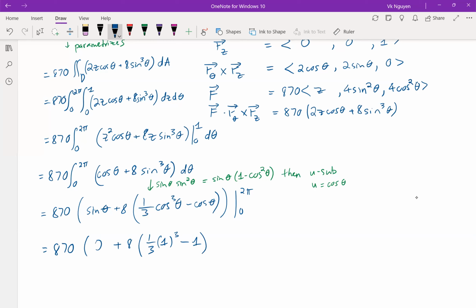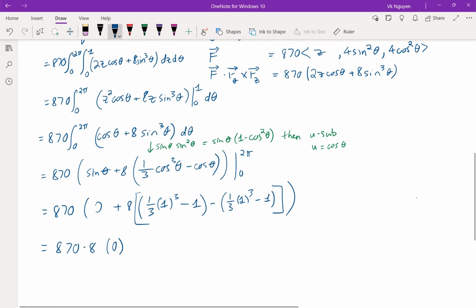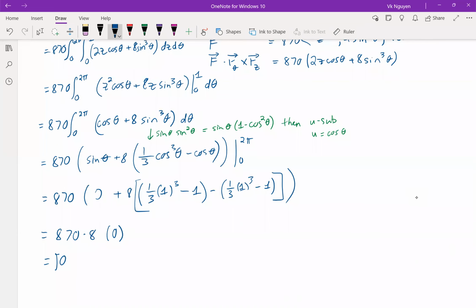Then we put in 0: 1 over 3, cosine of 0 is also 1, cosine of 0 is 1. Times 8. We have the same thing here, so it's going to be 0 in here. And it is just 0.